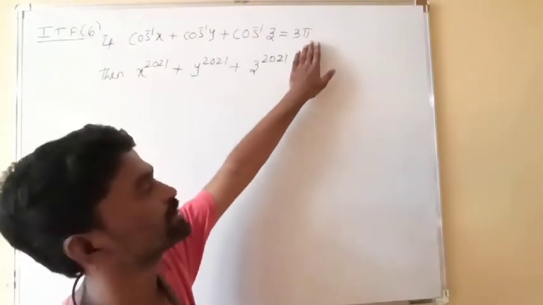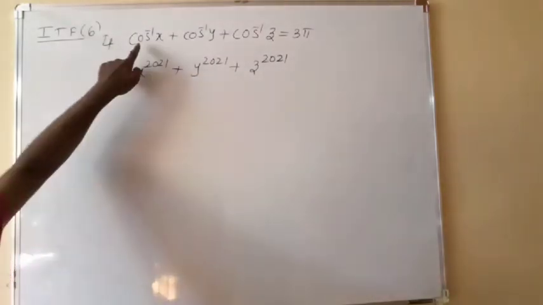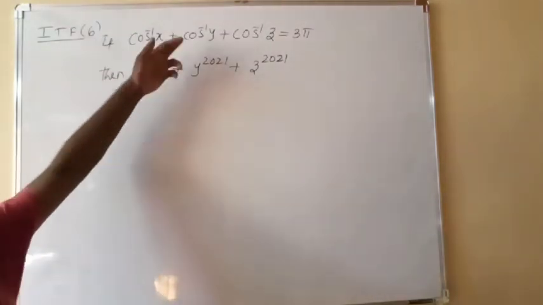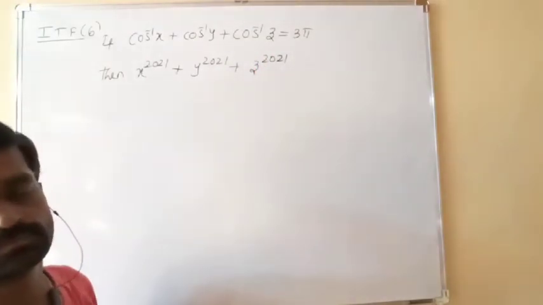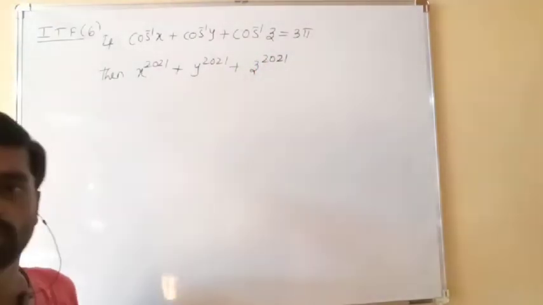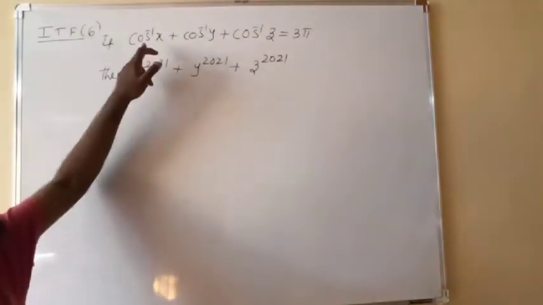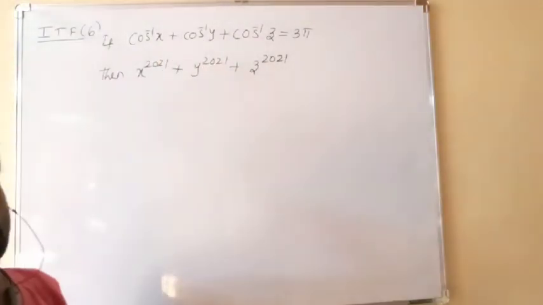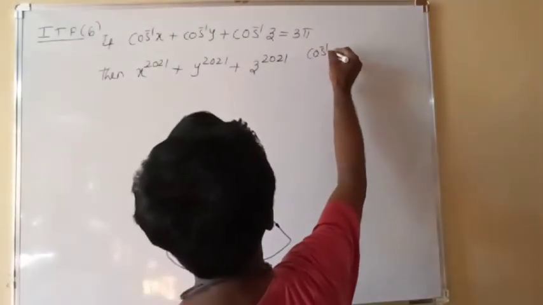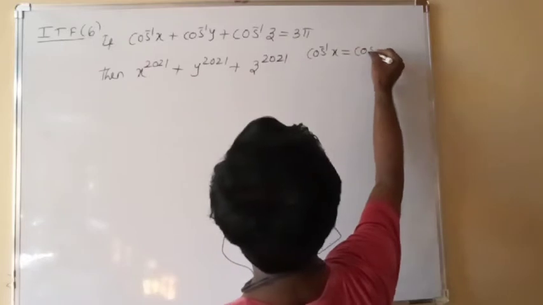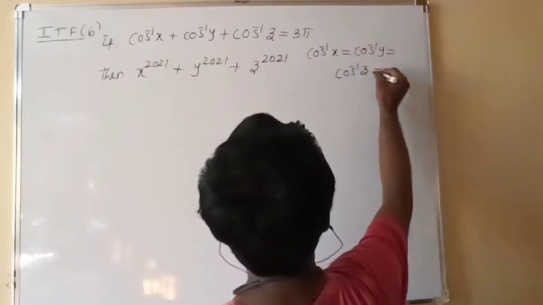That means this equation has only one solution: cos inverse x must be equal to pi, cos inverse y is equal to pi, cos inverse z is equal to pi. Because the maximum value of cos inverse is pi, and the given equation holds only if each term in the LHS is equal to pi.